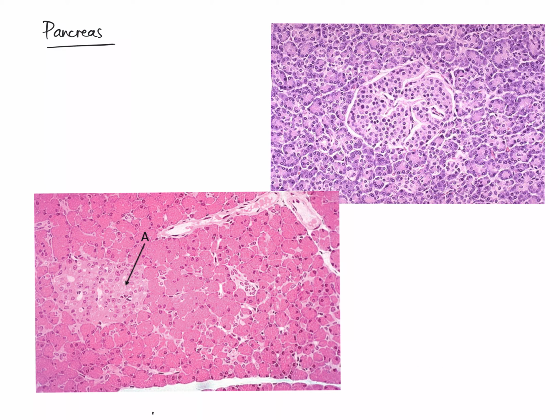Looking at the islets more closely, can you please tell me what cells make up the endocrine portion of the pancreas? So the islets of Langerhans are essentially made up of alpha, beta, delta, and F cells. What's important for you guys to know though is that you can't differentiate these cells in basic H and E sections.